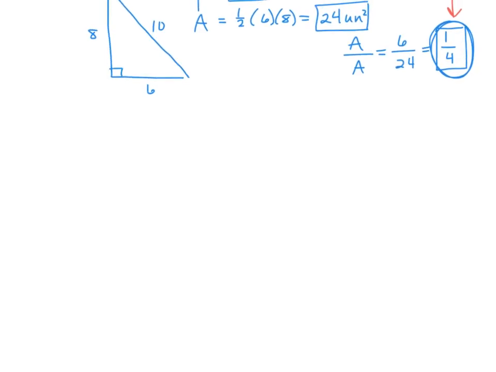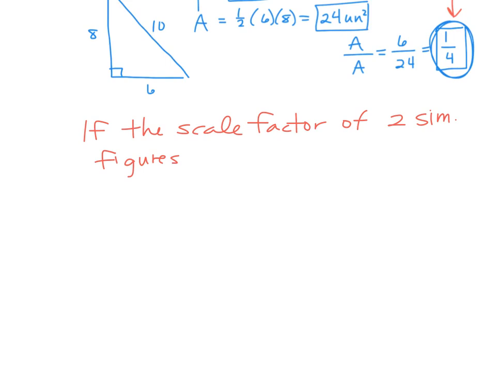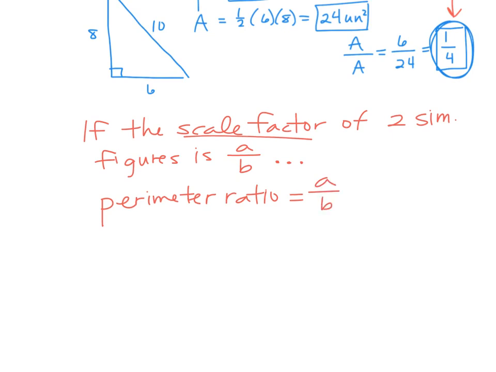Here's the deal. I'll write it this way. If the scale factor of two similar figures is A to B, then your perimeter ratio will also be A to B. Think of it this way.